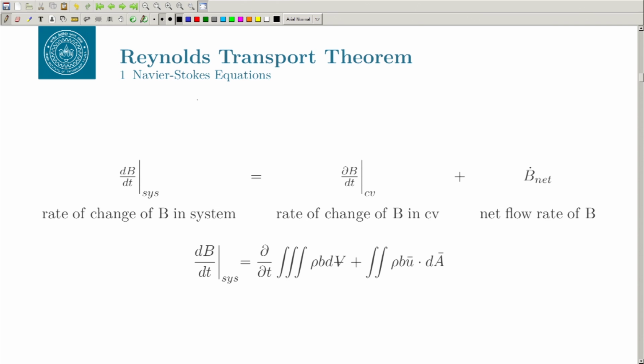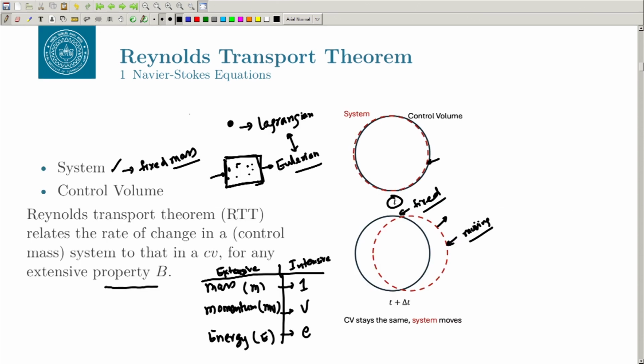If you have, let us say, this is your control volume and let us say this is your system, you can find an overlapping region. This is 1, 2 and 3, and then take any extensive property, let us say B, and find out the rate of change of this property for the system.